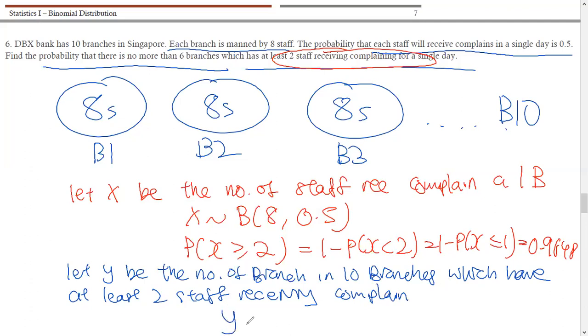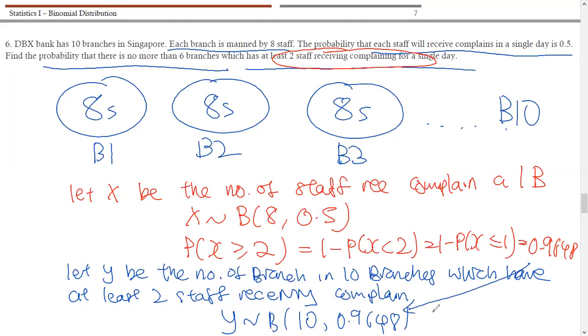So y will follow a binomial distribution. In this case, I have 10 branches, and the probability is 0.9648. The probability within one branch is that at least 2 staff receive complaints. So the probability here, I'll put it from the first part.